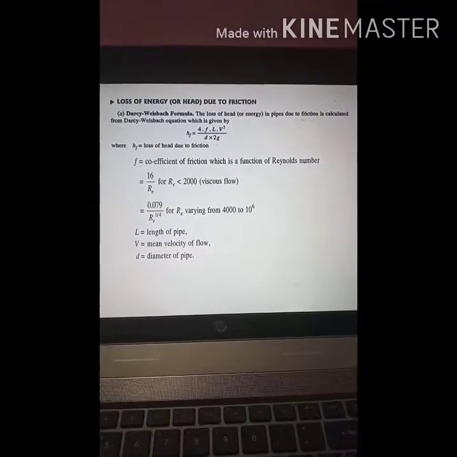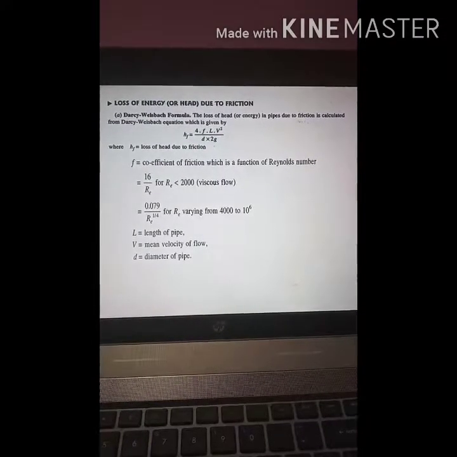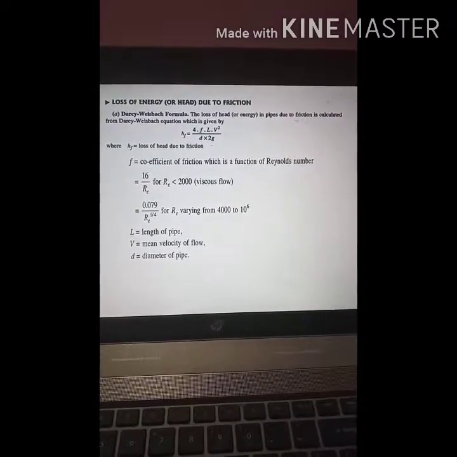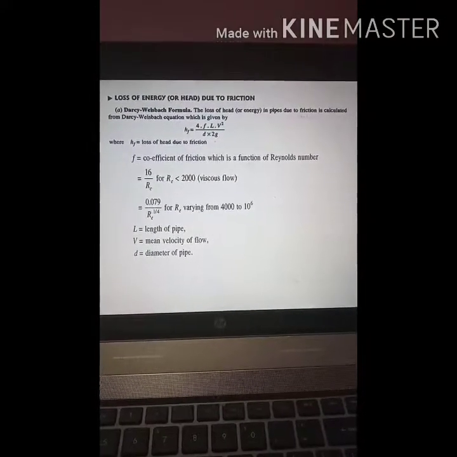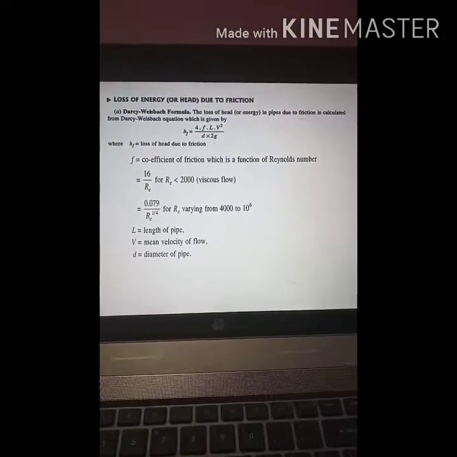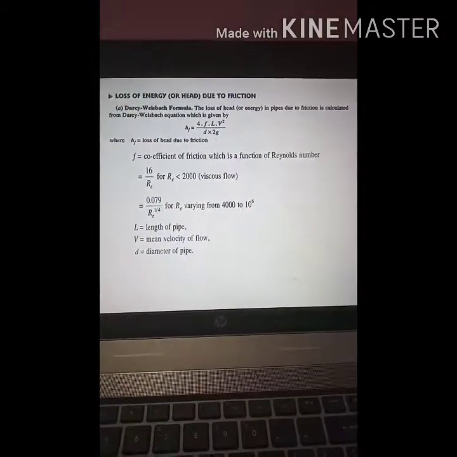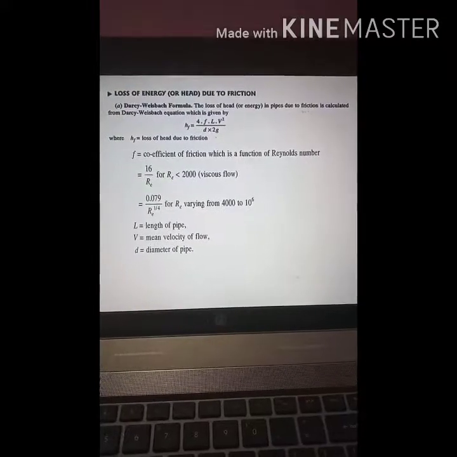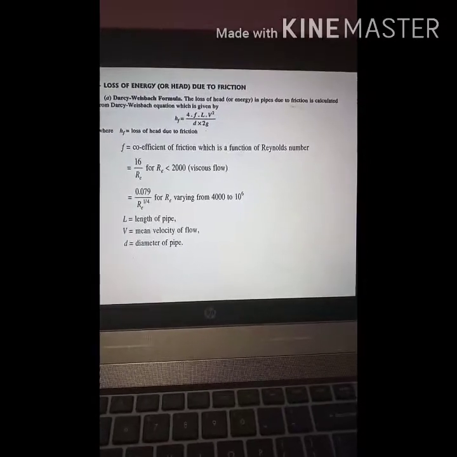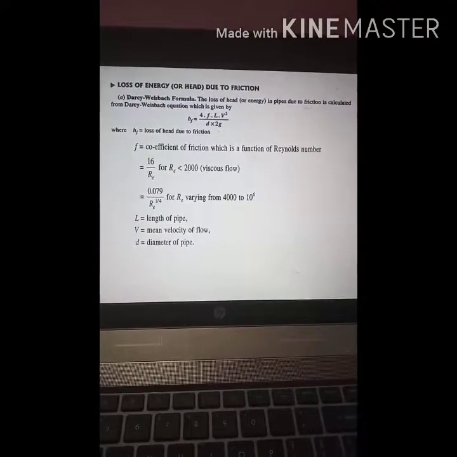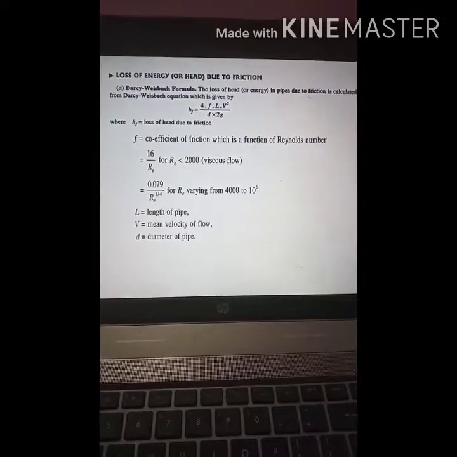In this formula, the term small f is called the coefficient of friction, capital L is the length of the pipe, capital V is the mean velocity of the fluid through the pipe, and small d is the diameter of the pipe. So the important term in this formula is the small f, the coefficient of friction. How to calculate this small f is very important for solving the numericals based on the major loss.